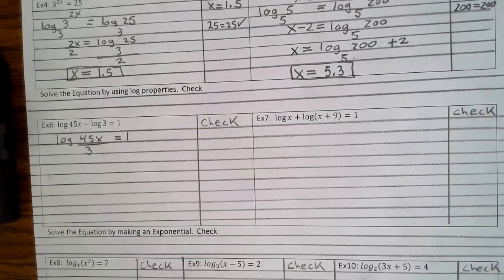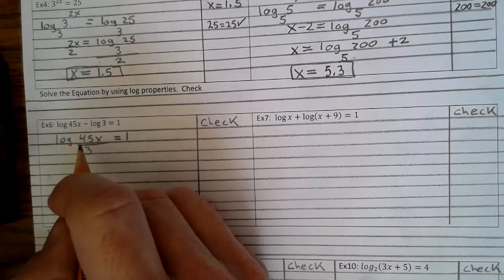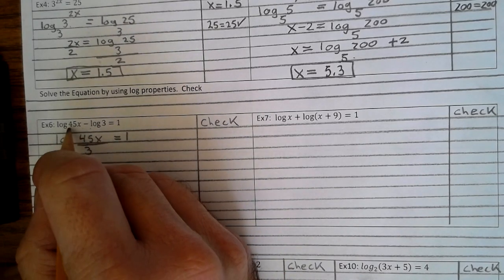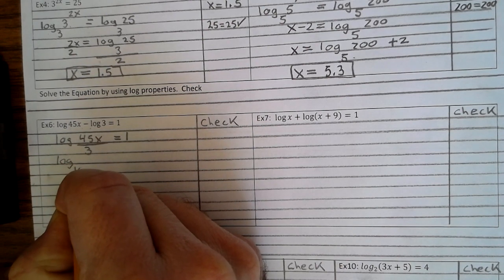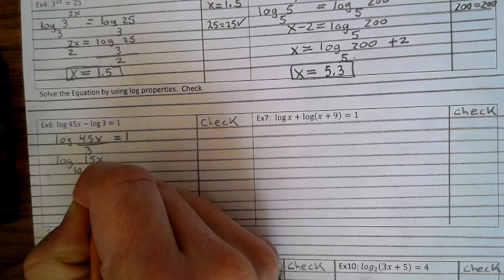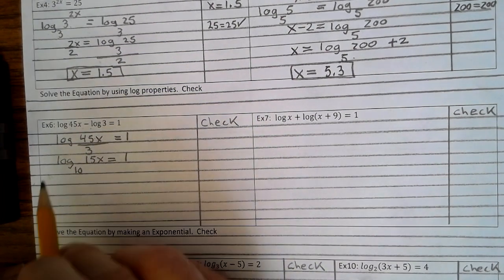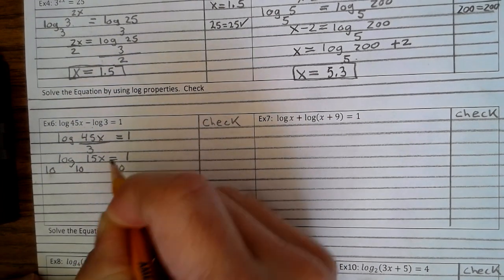Now, almost forgot. Let's go ahead and simplify this. Now, if there's not a base, let's make base 10. So this would be log base 10 of 45x divided by 3 is 15x equals 1. Now, what we need to do is we're going to raise both sides by 10. So we're going to raise this by 10 and this by 10. Well, 10 raised to log base 10, this becomes 1. So you're left with 15x equals 10 to the 1 power is 10.